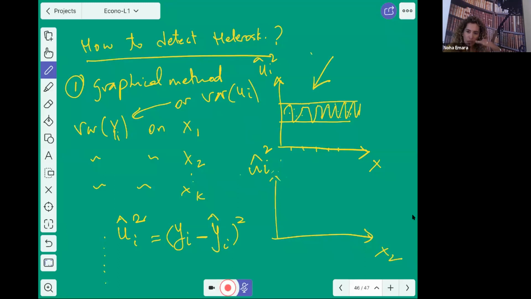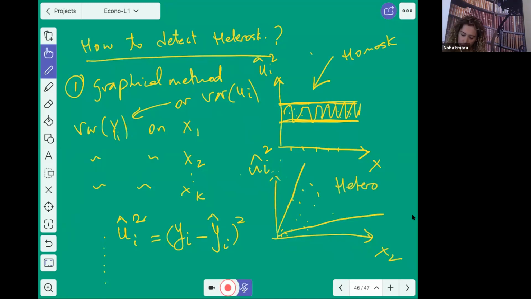Of course, if it is too wide, then it might be heteroskedasticity. But if it doesn't change much, then it would be homoskedastic just by looking. If it gets smaller and then wider and wider, and opens up like that, then it's heteroskedastic.